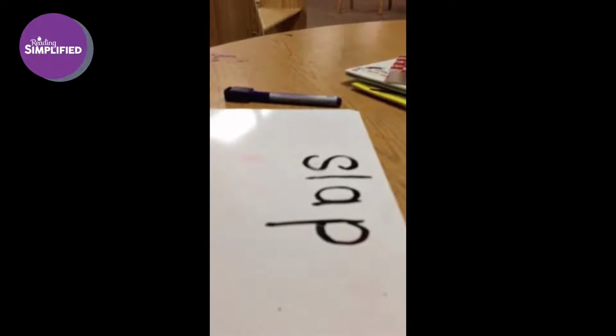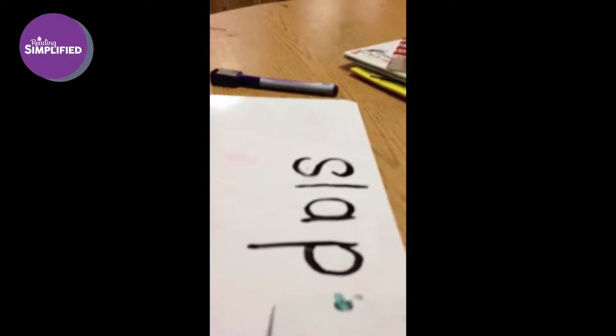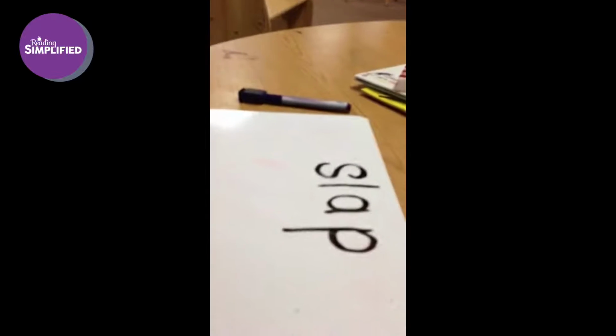Okay, let's put these sounds together. Okay, what are the first two sounds? S, l. Put them together. Put all three together. s, l, a, slap. Nice. Okay, great job. You put the sounds together.